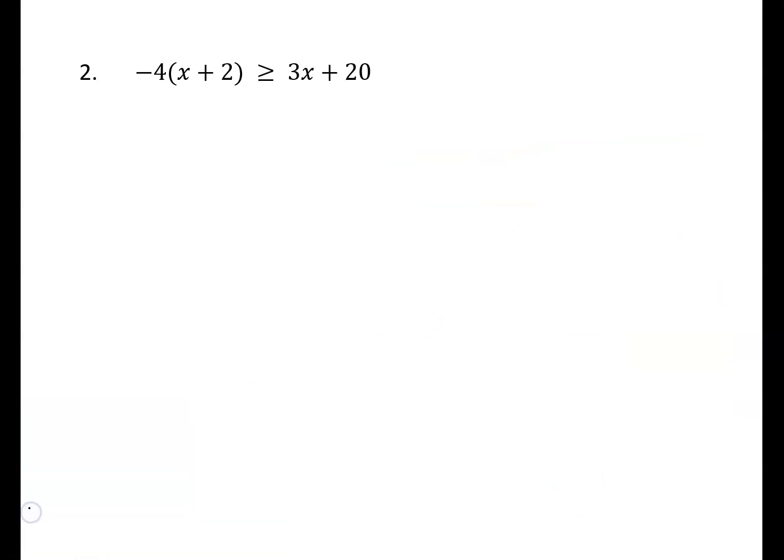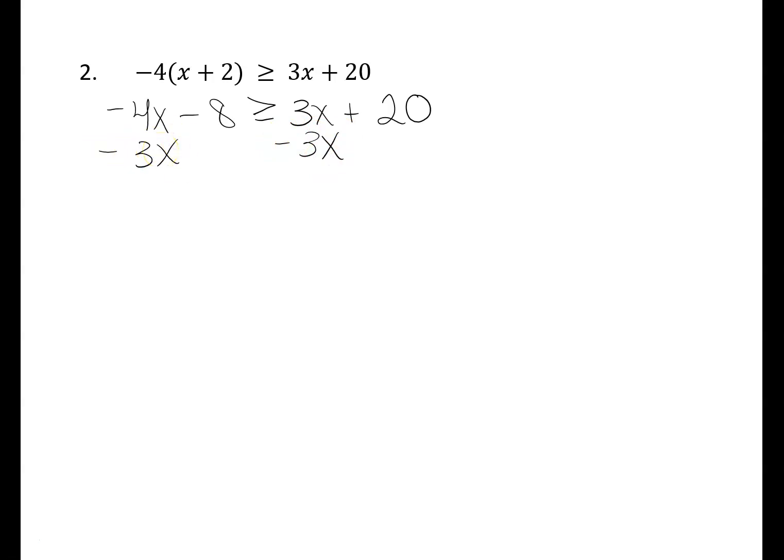Let's try another one. This one again has parentheses, so we are going to start by distributing negative 4x, negative 8, bring everything else down. And here's where we really need to think about, okay, we want the variable to be on the left. To make that happen, I would subtract the 3x from both sides.